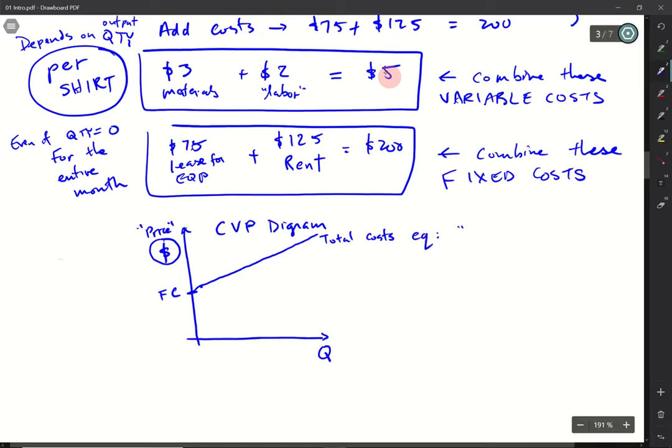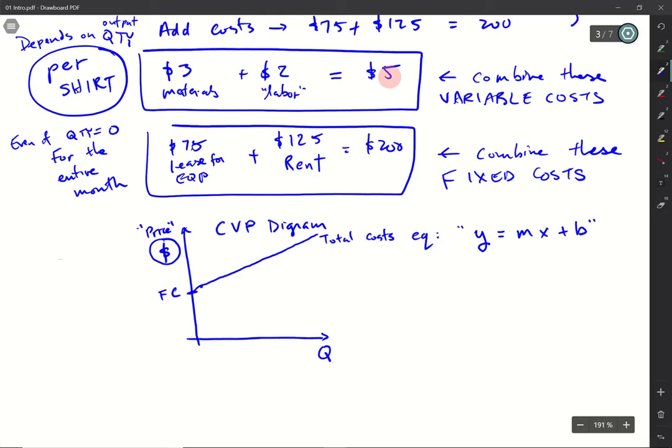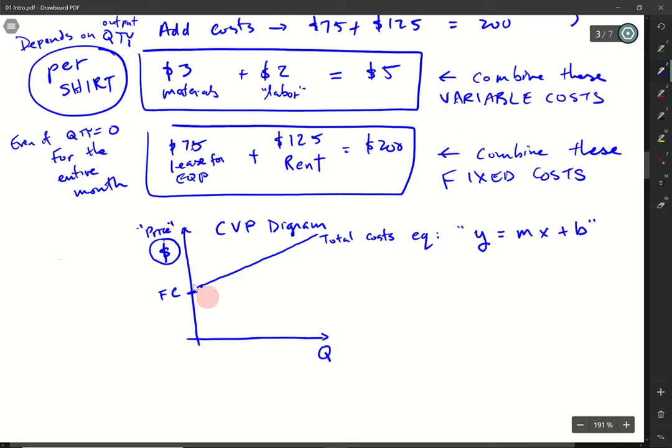And the equation, what's the equation of a line? Y equals, okay, so we want to draw a line. Because if there are 0 shirts sold, it has to pay fixed cost 200.